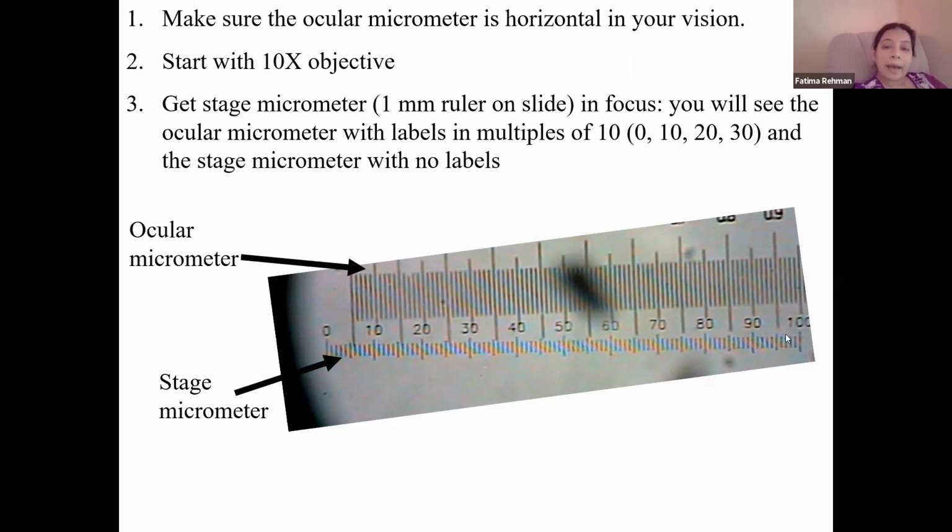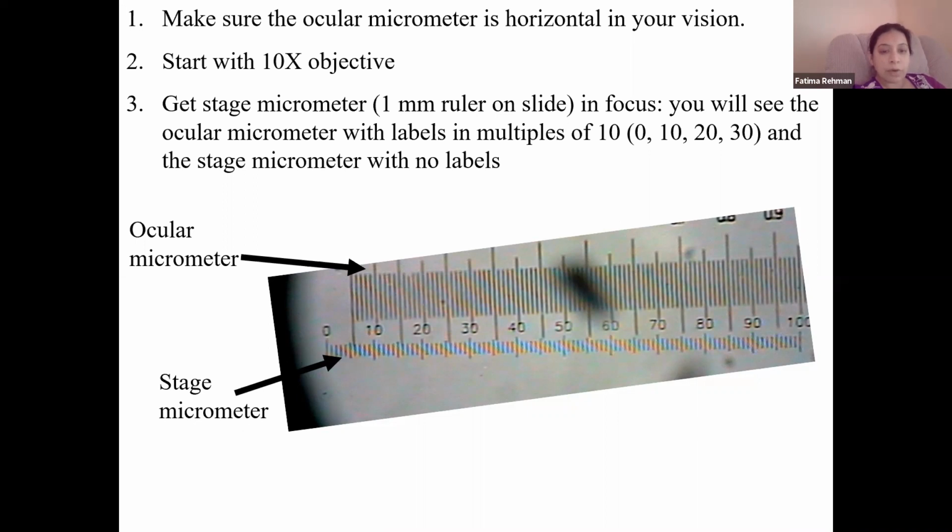So we have a ruler that is the stage micrometer. It's also going to be subdivided the same way. It won't have any numbers on it, but that's okay. We don't need them. We know the length. It's 1 millimeter total or 1,000 micrometer total. So if there are 100 stage units in the stage micrometer, how many micrometer is each stage unit?